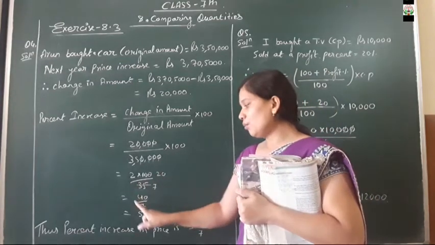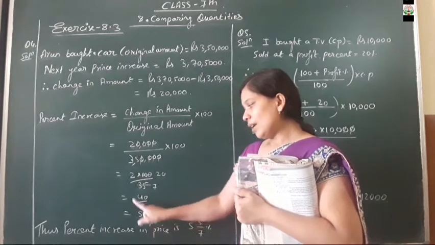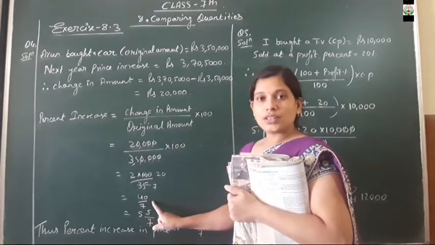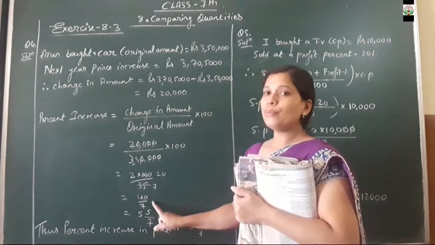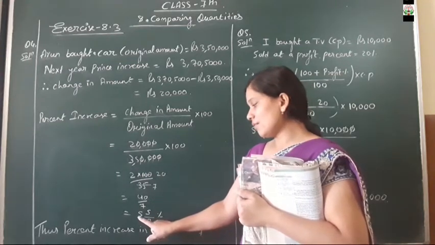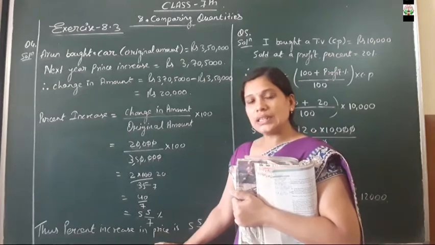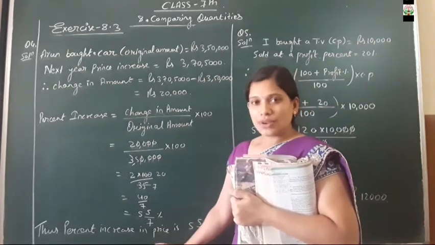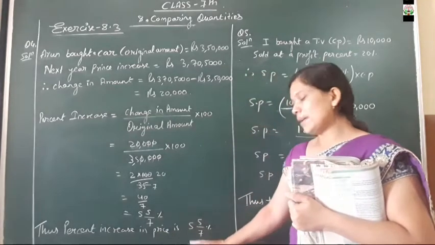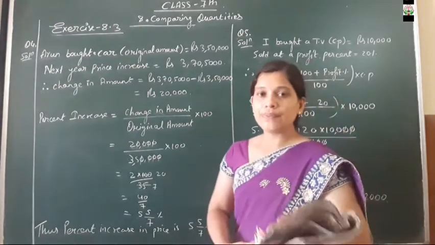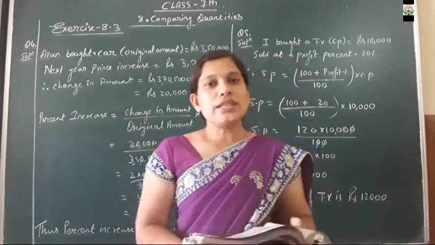Now 20 into 2 is 40 upon 7. Converting 40 upon 7 into a mixed fraction, we get the required answer as 5 upon 7%. Thus we can say that the percent increase in the price of the car is 5 by 7%. Clear everyone? Understood? Moving towards the next question.